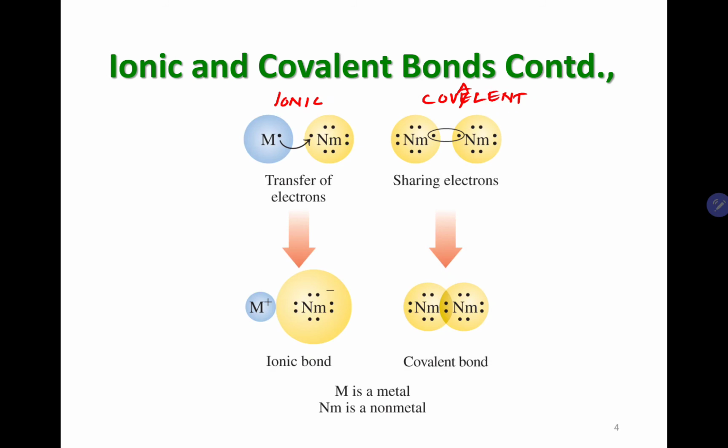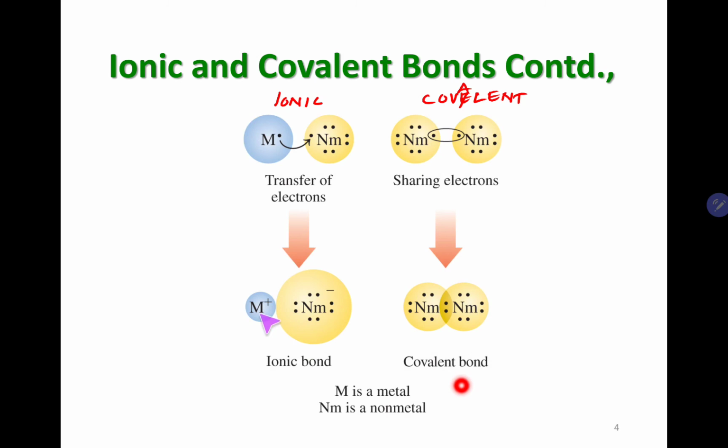As I mentioned earlier, for ionic compounds you have both a metal atom and a non-metal atom involved, and of course the metal atom is big. M stands for metal, and the metal atom is big, so it tends to lose electrons. Those electrons will be picked up by the greedy smaller non-metal.